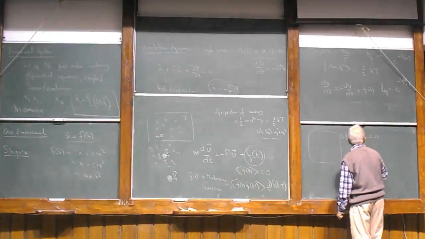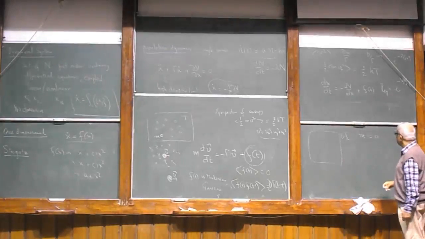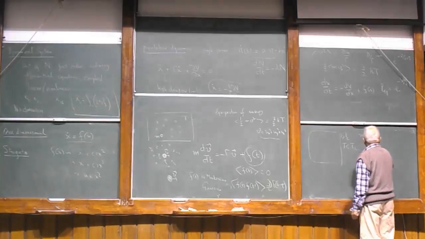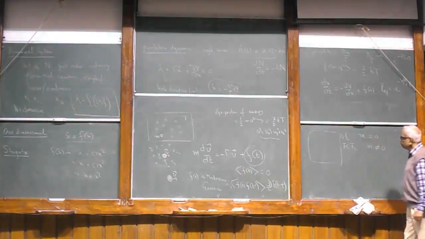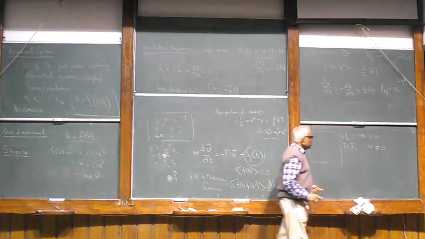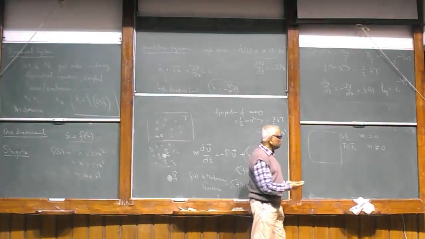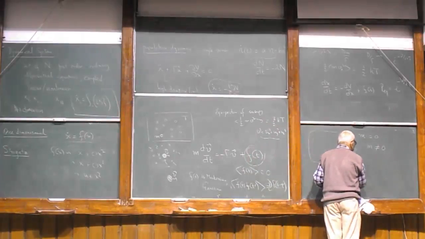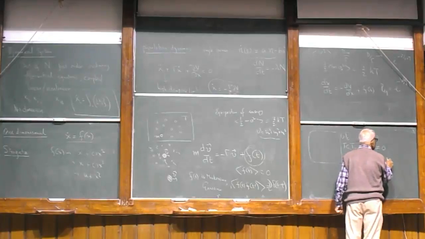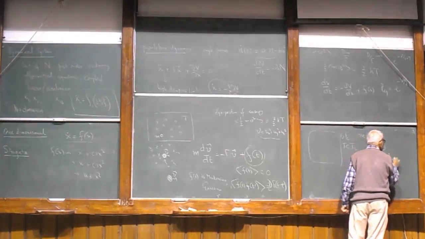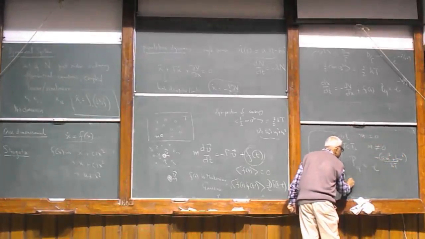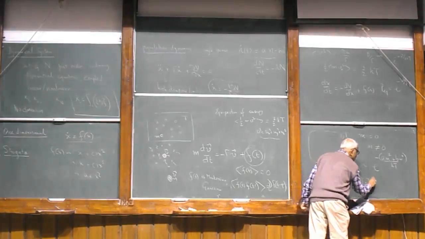For T less than Tc, it is m not equal to 0. All this information comes from a mean field theory due to Landau, where the equilibrium distribution is written as e to the power minus (am squared plus bm4) divided by kt, where a is proportional to t minus tc.